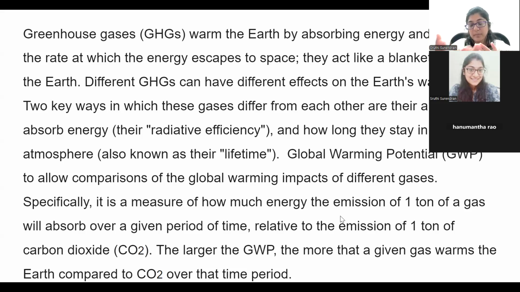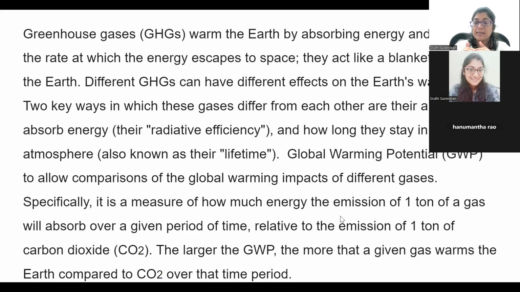Now, the value we are talking about is the ability of this greenhouse gas to absorb energy and slow the rate at which the energy is escaping to space. This is what is called the global warming potential of a greenhouse gas. The global warming potential of carbon dioxide is considered as 1.